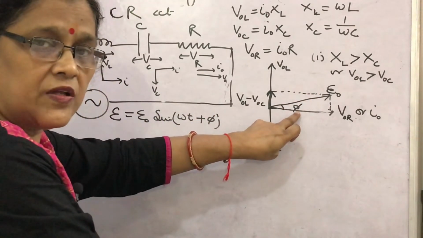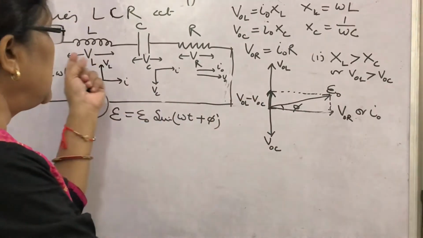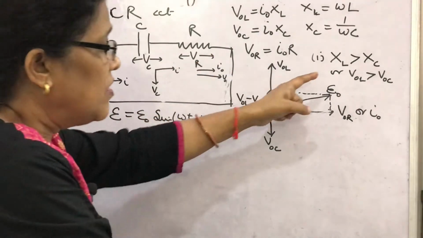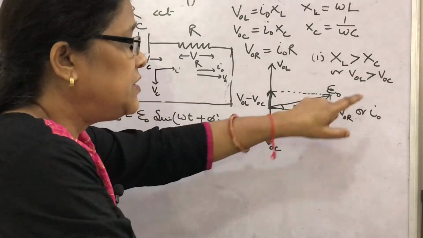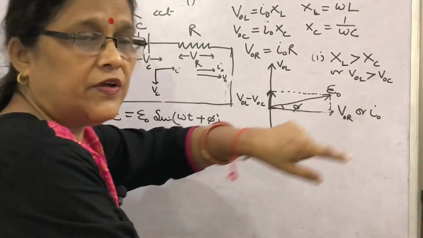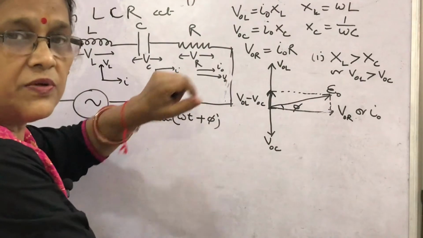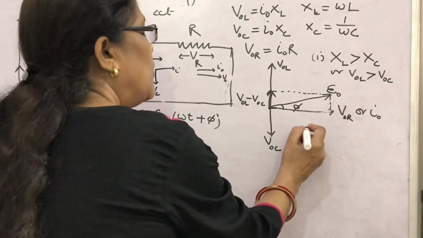Phi. So, in case of series LCR circuit, first case when XL is greater than XC, or V naught L is greater than V naught C, what do we observe?